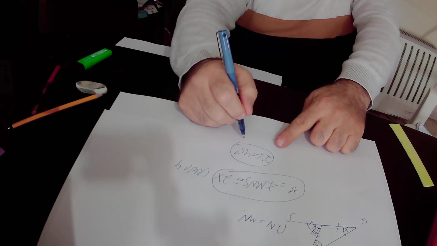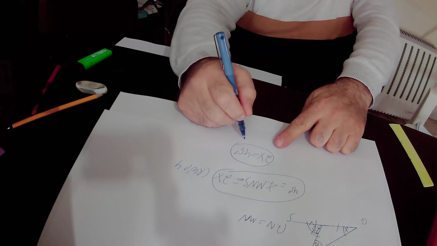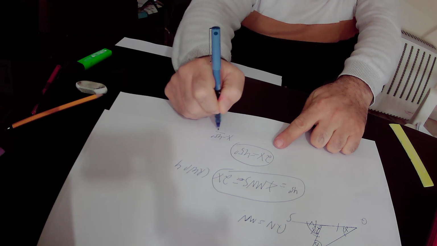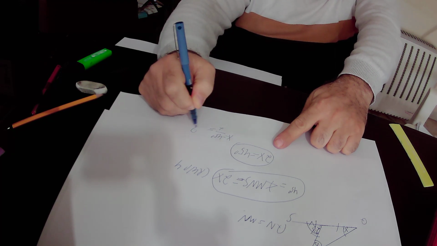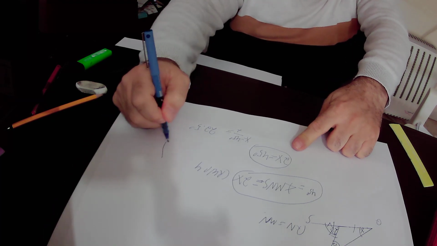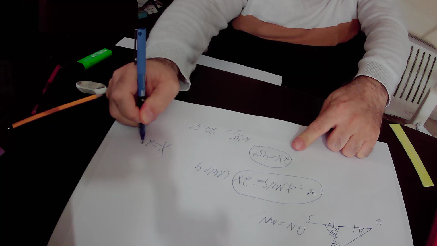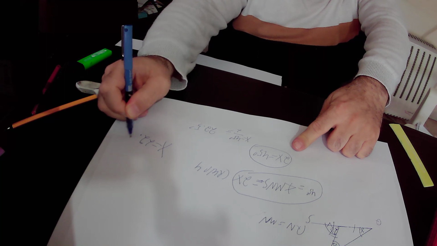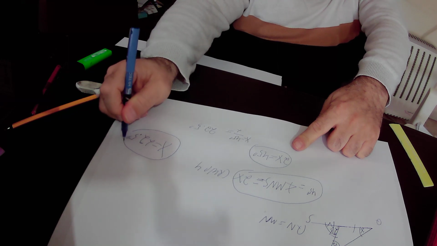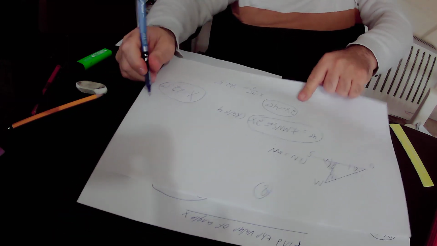We will divide this equation by 2, and we will get that x equals 45 degrees over 2, that is to say x equals 22.5 degrees. So we found out that the value of angle x according to the second method is 22.5 degrees, exactly as we found in the first method. We finished with the second method.